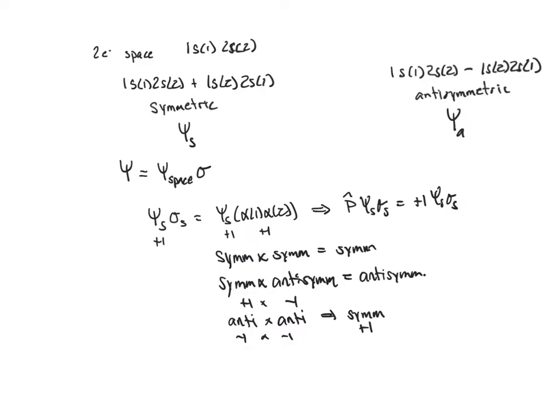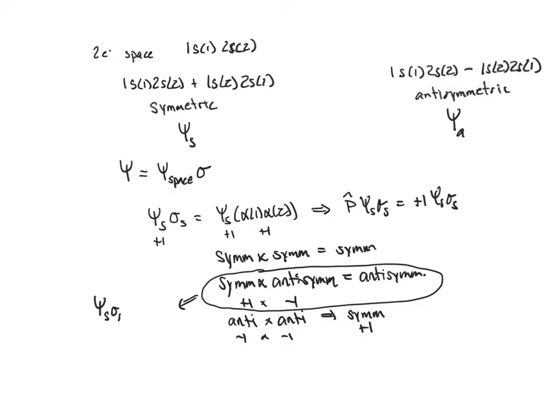So if I want a total wave function that's anti-symmetric, then if my spin part is symmetric, my spatial part has to be anti-symmetric. And if my spatial part is symmetric, my spin part has to be anti-symmetric.